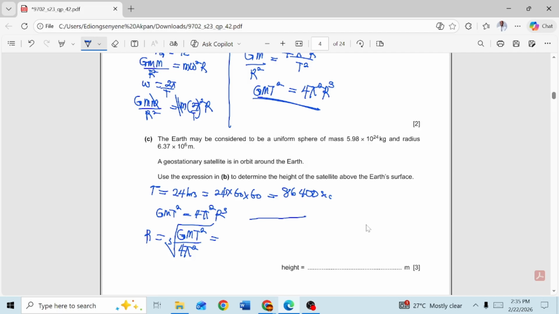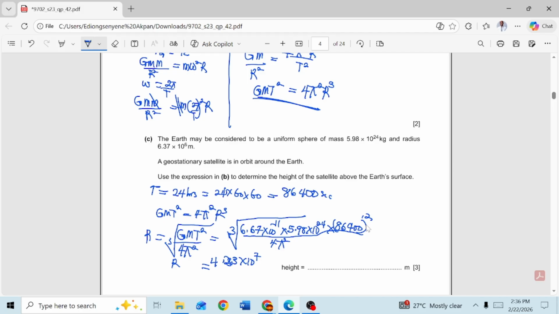The G constant is given as 6.67 times 10 raised to the power of minus 11 times the mass 5.98 times 10 raised to the power of 24 times our period 86,400 all squared divided by 4 pi squared. Remember, it is cube root, and r will give us 4.23 times 10 raised to the power of 7.